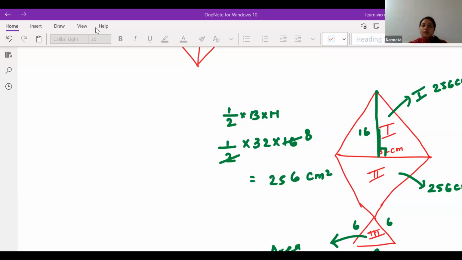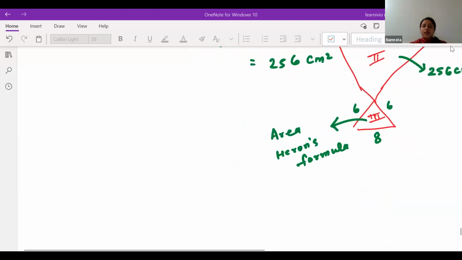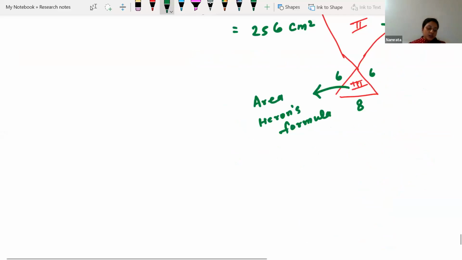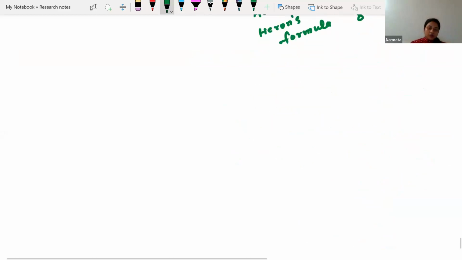Now the next question is, a floral design on a floor is made up of 16 tiles, which are triangular. The floral design is made on the floor just in the shape of triangles. This type of designs are there.